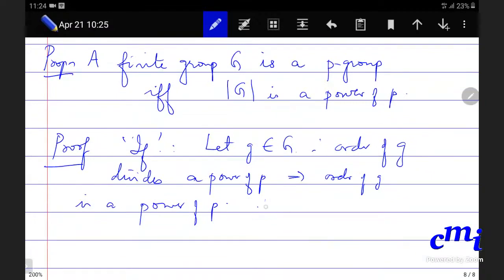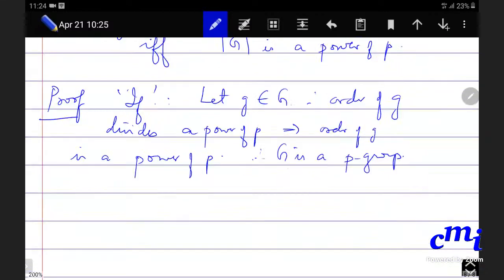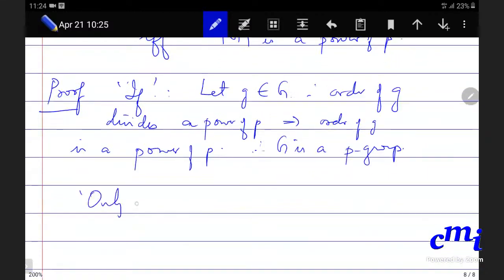So therefore G is a P group. Only if. Okay.